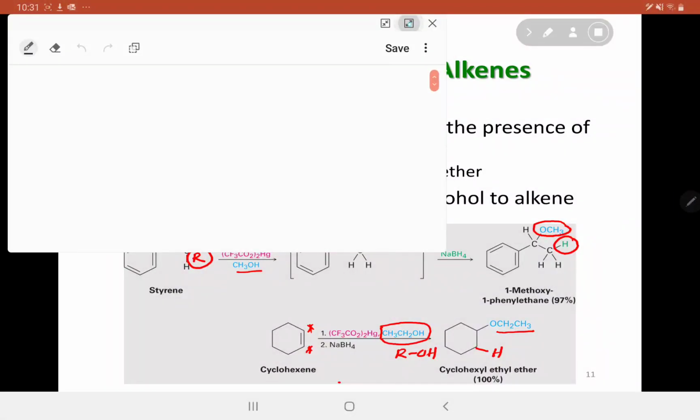So as an exercise, let's see if you could do this one. I'm asking you to synthesize this. This is the compound that I want you to synthesize.